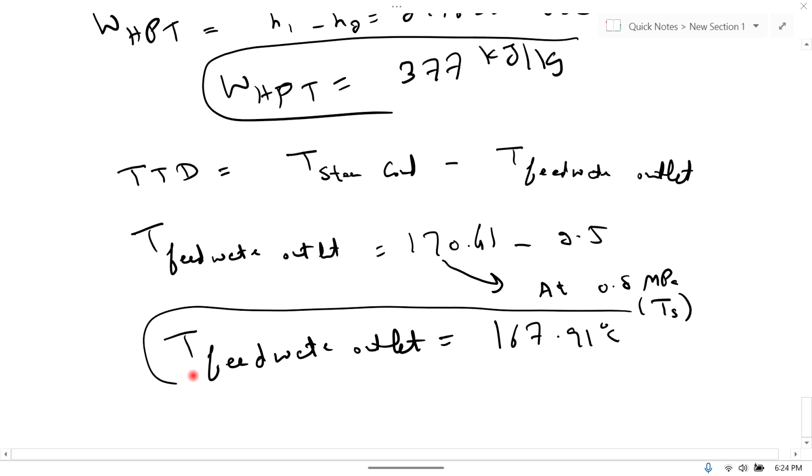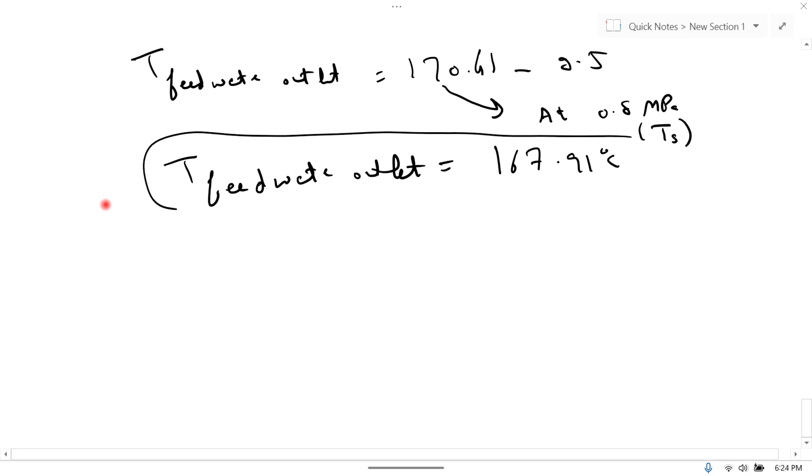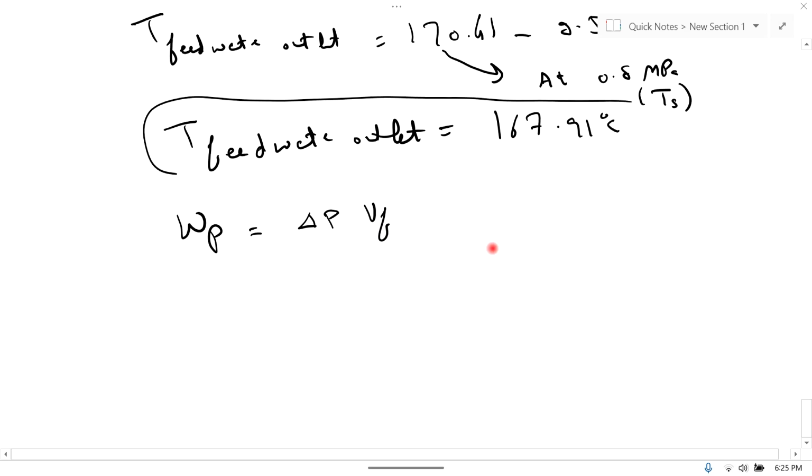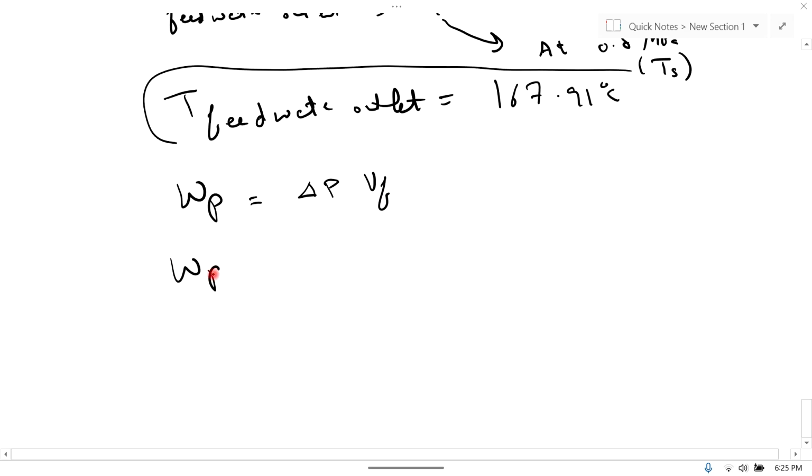Now we are finding the pump work. In problem 2.2, I explained the formula for work of pump is del P into Vf. I can write this as high pressure minus low pressure, at 50 degrees centigrade.